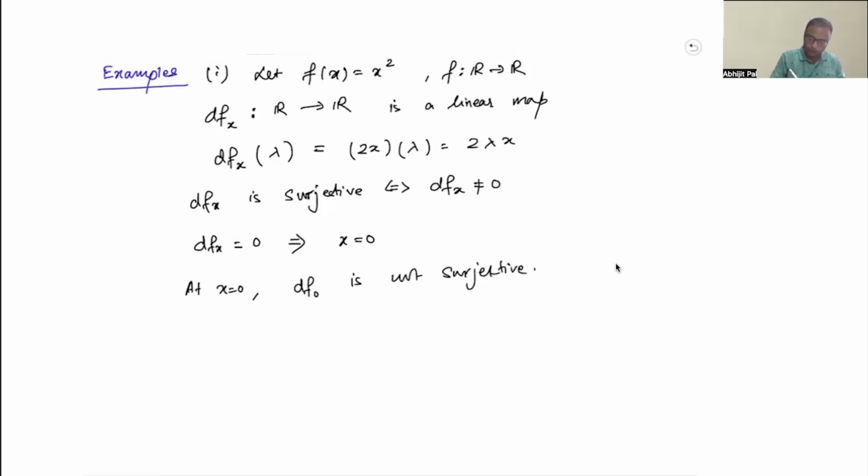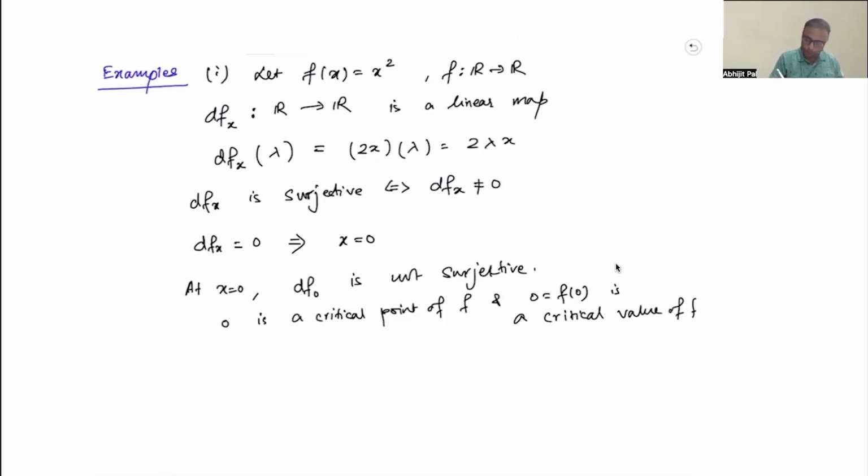Therefore this 0 is a critical point of f, and again f(0) is equal to 0, so 0 is also a critical value of this f.